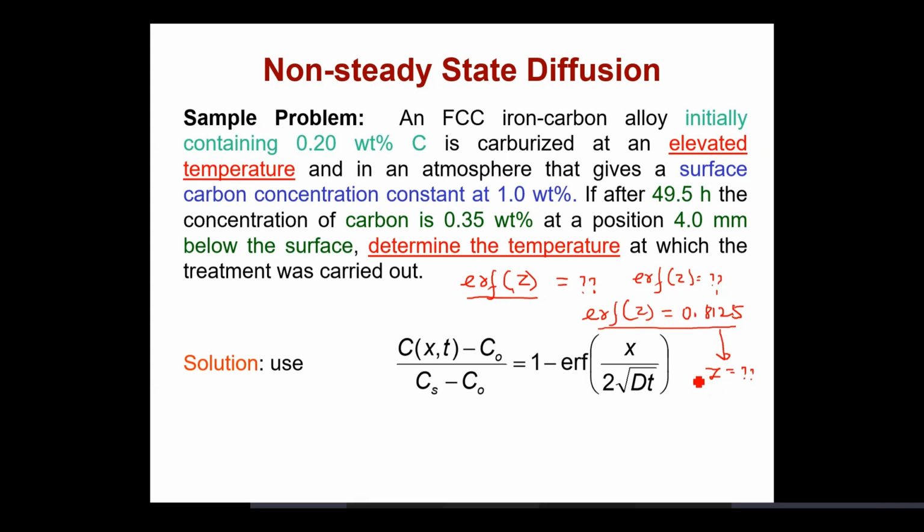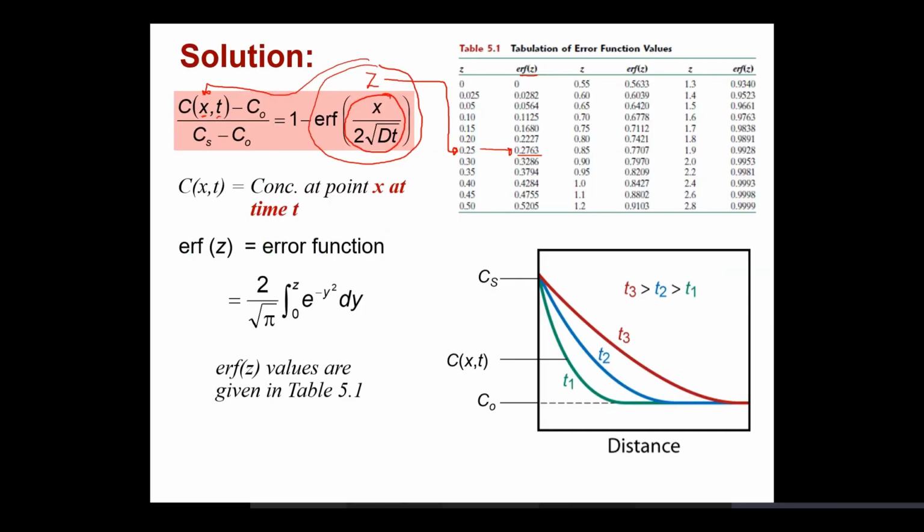Yes sir, we can find it from the table. Here is the table. Can you find it out? Sir, it will come between 0.9 and 0.95. If you look at this expression, the error function value you got is 0.8125, between these two values, so your z value would also be in between. But how to find out the value?